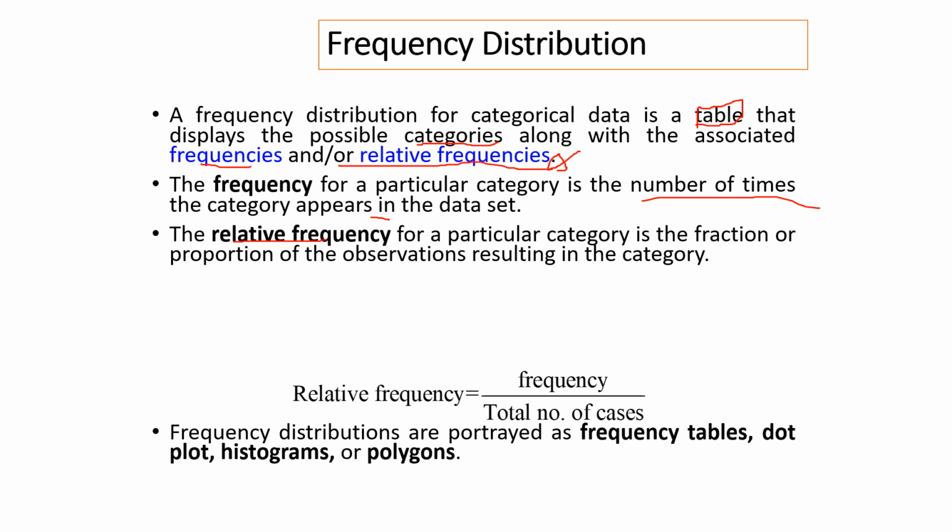The relative frequency for a particular category is the fraction or proportion of the observations resulting in that category. The formula is frequency divided by total number of cases. The frequency distribution can be summarized using a frequency table, dot plot, histogram or polygons.